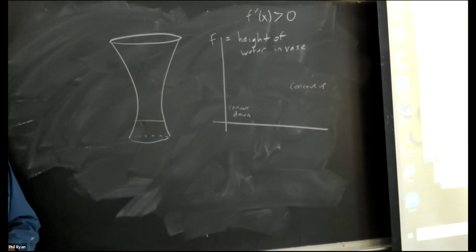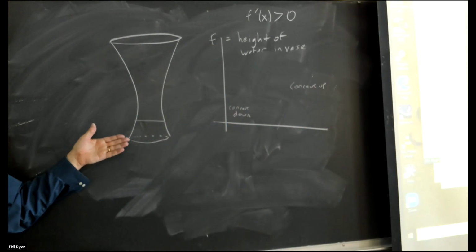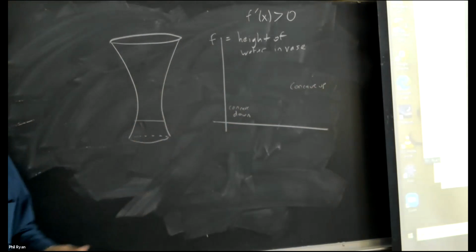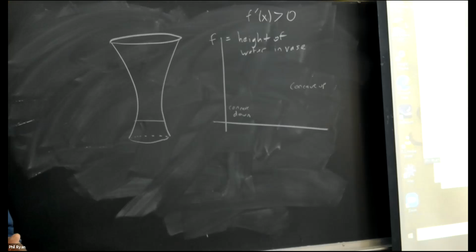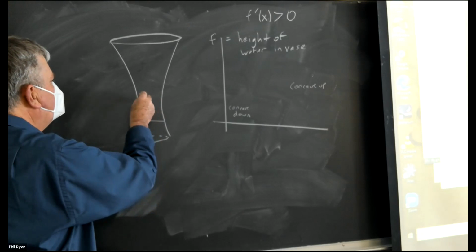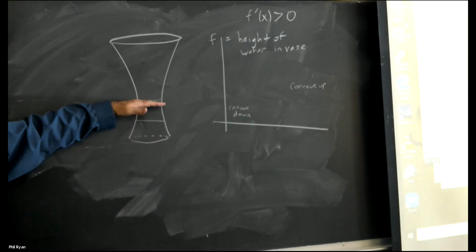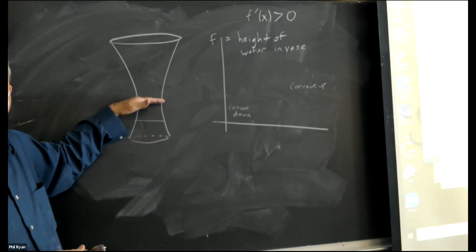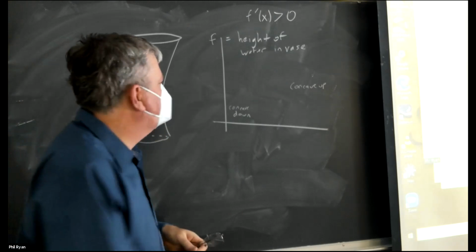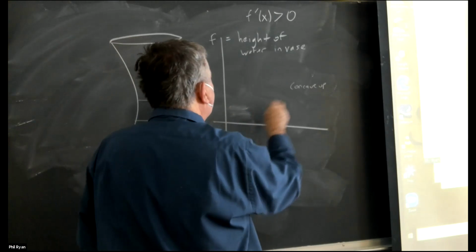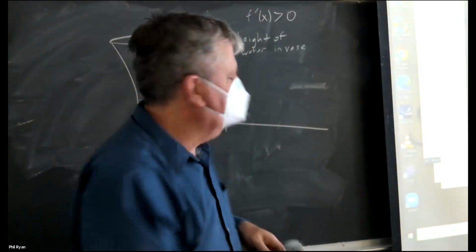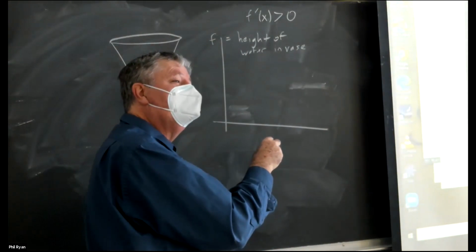And where do we expect the inflection point to be? So which point of the vase corresponds to the inflection point in the graph over here? Right, the narrowest point right here, right? Because as it goes from here to here, the rate is increasing. So we're going to expect, hang on, did I mix up concave up and concave down?